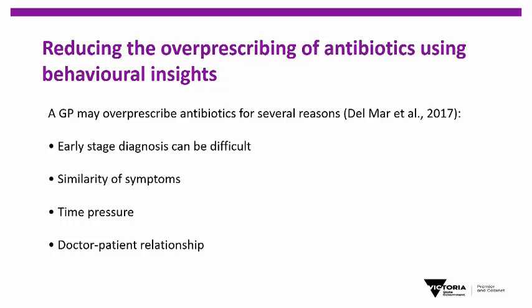GPs can be under time pressure to see a large number of patients, and providing a script can be a faster way to complete a consult. A GP might also perceive that refusing to prescribe antibiotics could threaten the doctor-patient relationship, which is an important factor, obviously, for GPs. And at the same time, the reasons to avoid prescribing antibiotics aren't always salient or immediately available to GPs.